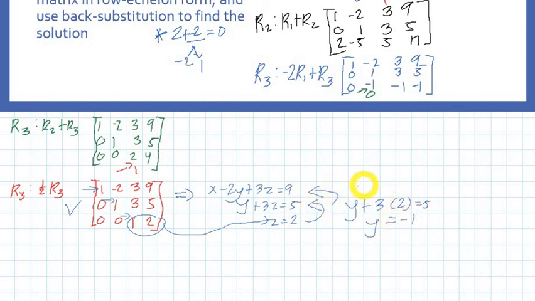And then going back up here, we'll have x minus 2 times negative 1 plus 3 times 2 equals 9, which we will be provided with x equals 1. So therefore, our solution set is x equals 1, y equals negative 1, and z equals 2.